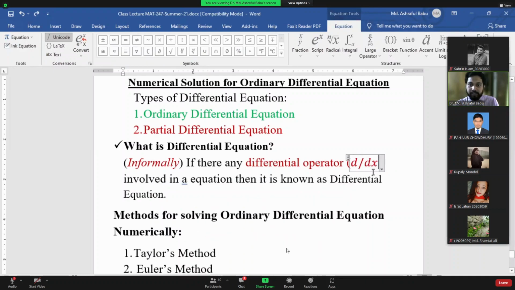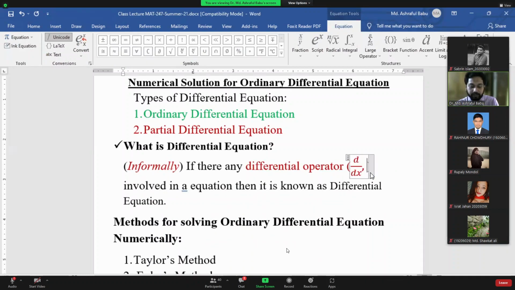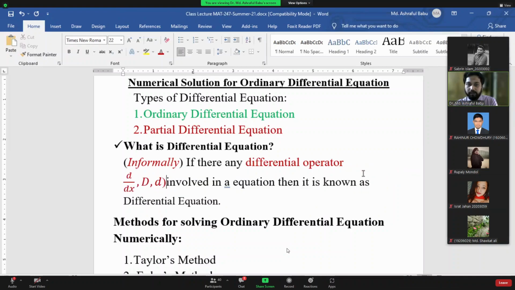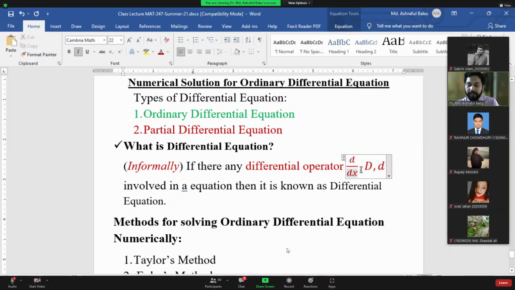It may be d/dx or simply capital D or simply small d, whatever it is. If you see these types of things, then it is called a differential operator. And if you see any differential operator in any equation, and what is an equation? An equation is just like ax plus by plus c equal to 0, that's an equation.